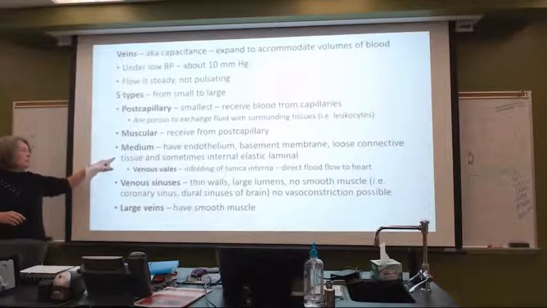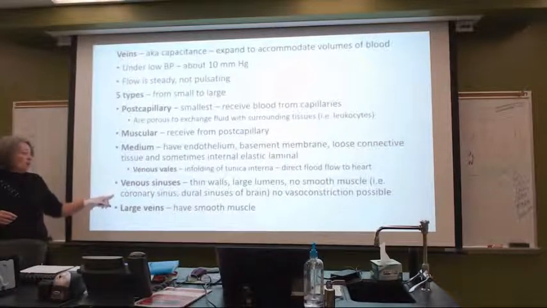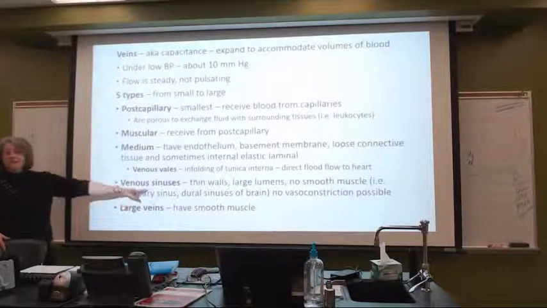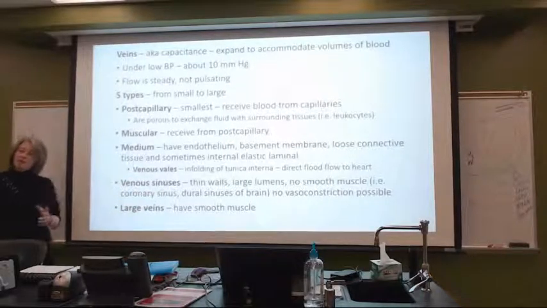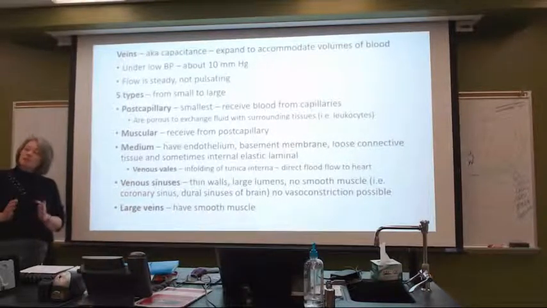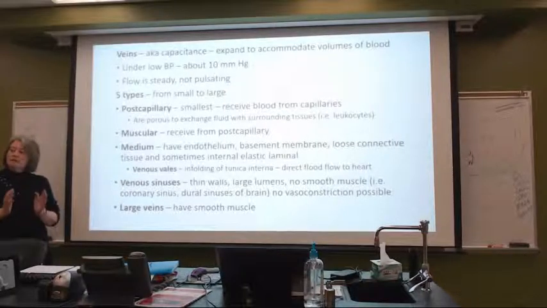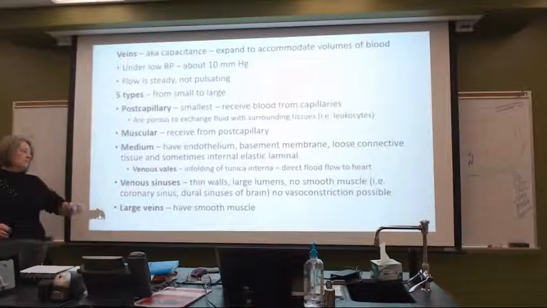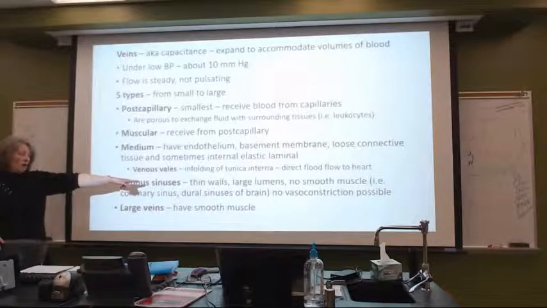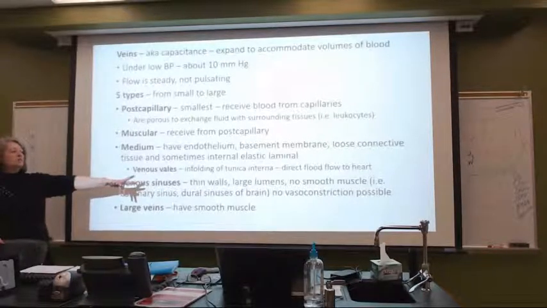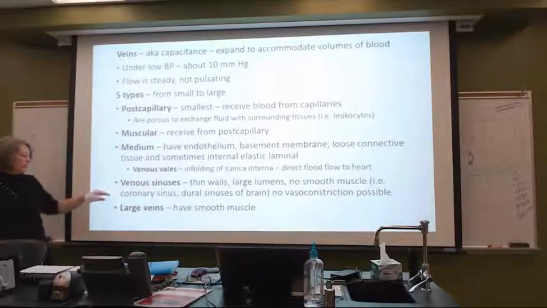So we're going to go from medium to what's going to be called venous sinuses, meaning some capacity, some area. The walls are going to be thin, lumens are going to be large. We don't have any smooth muscle present.